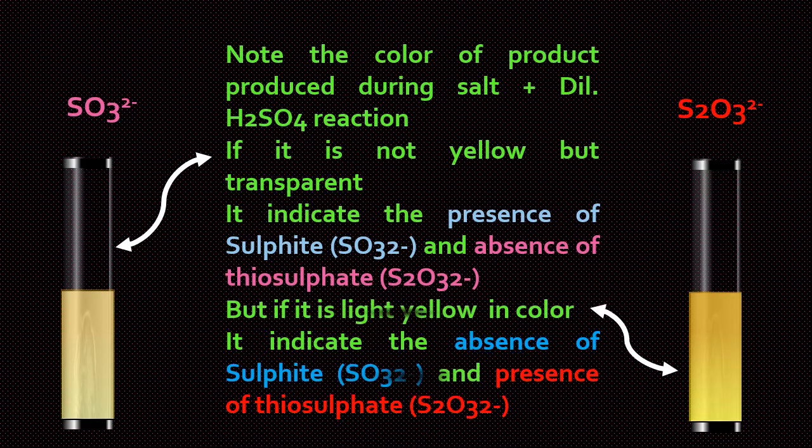But if it is light yellow in color as shown, it indicates the absence of sulfide radical and presence of thiosulfate radical group. Understand? So let's move toward the confirmatory tests.